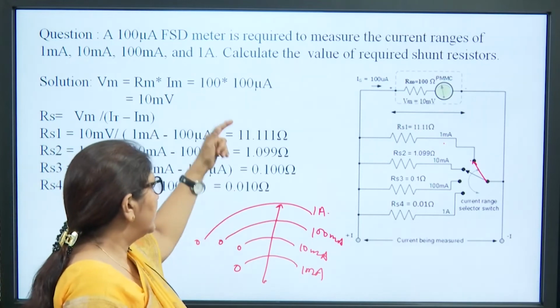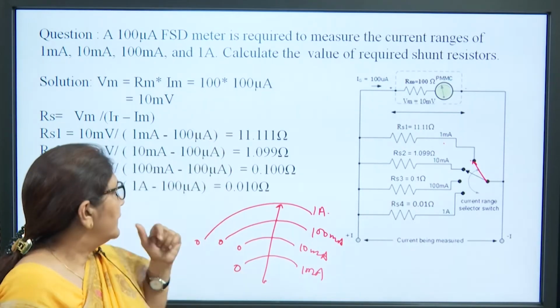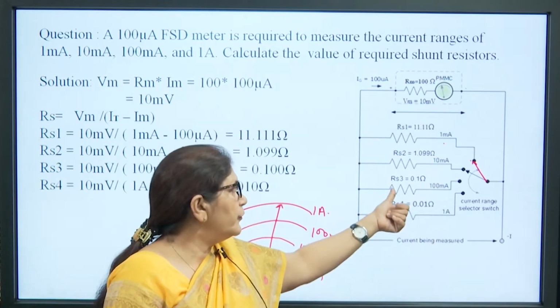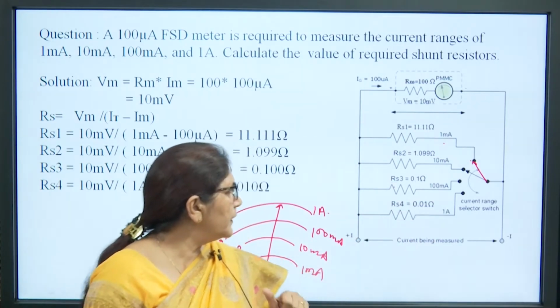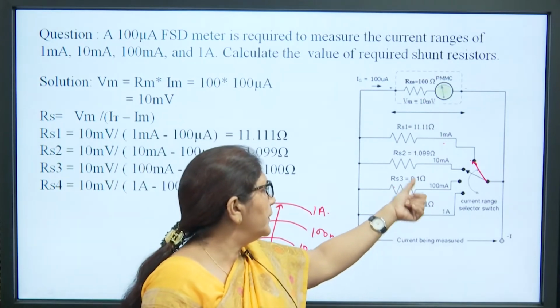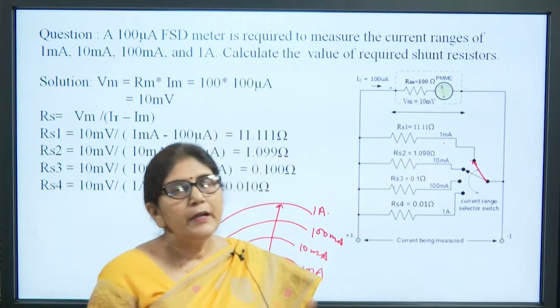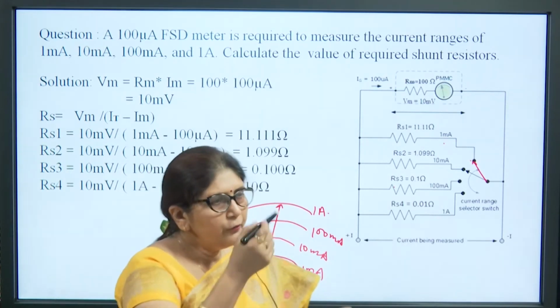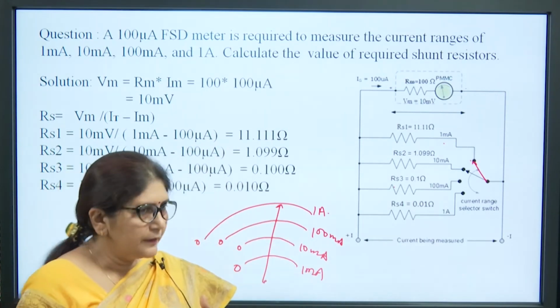If you see this calculation, the values of Rs are 11.11 ohm, then 1 ohm, then 0.1 ohm, then 0.01 ohm. It means when the range is increased by 10 times, the value of resistance is decreased by 10 times.